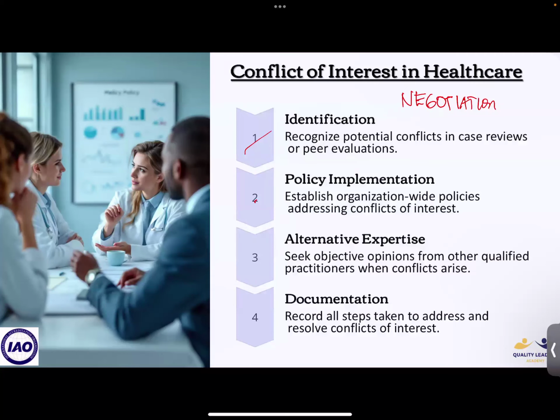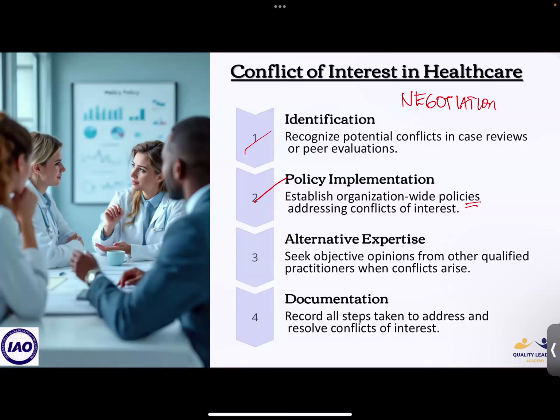Next, we have the policy implementation. Organizations need to have strong, clear policies in place, and these policies provide guidance for handling conflicts of interest consistently across the board. Without them, things can get messy.